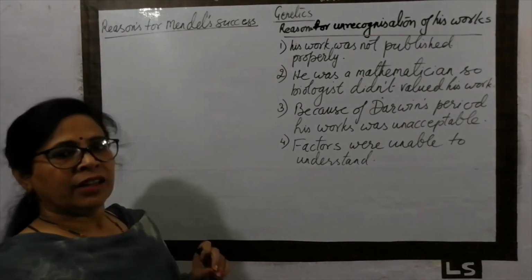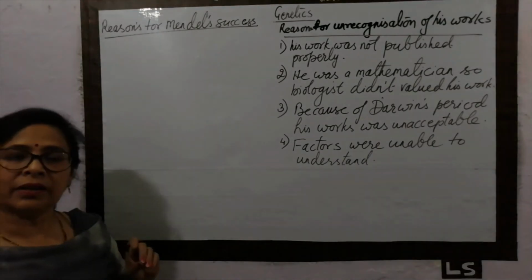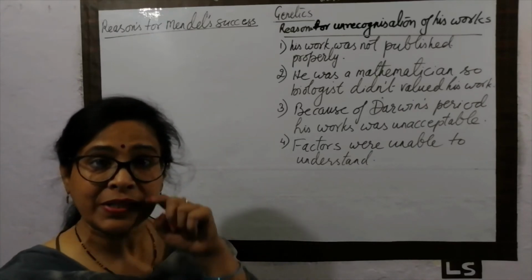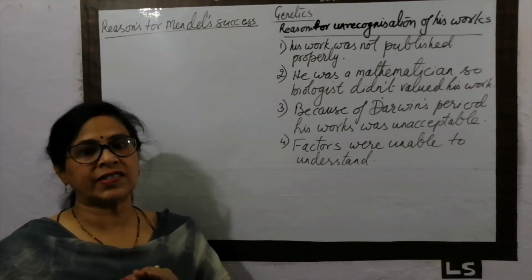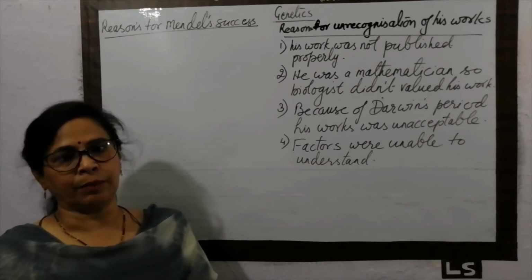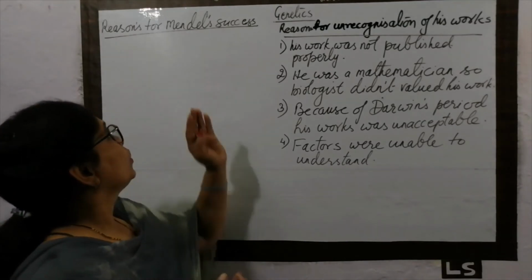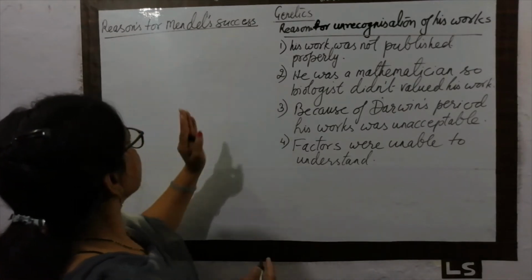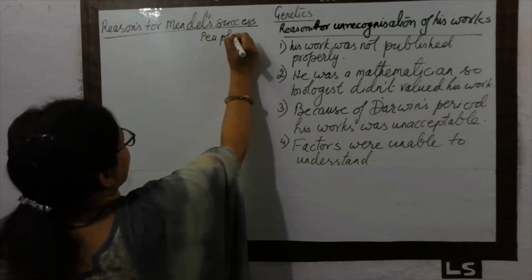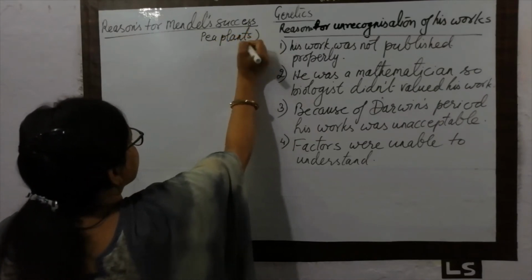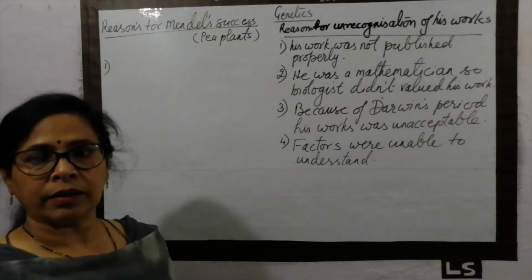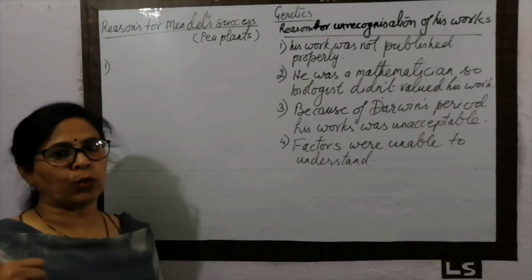First, you know very well, Mendel chose Pisum sativum, the pea plant, and he continuously worked on it for 6 years. So why did he choose Pisum sativum? The reason for Mendel's success is basically that his research was on the pea plant only. So why is his work so valuable?